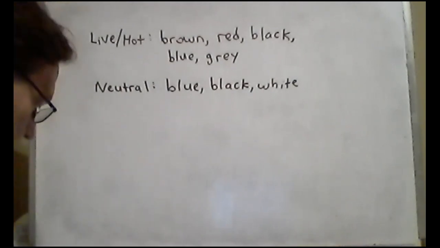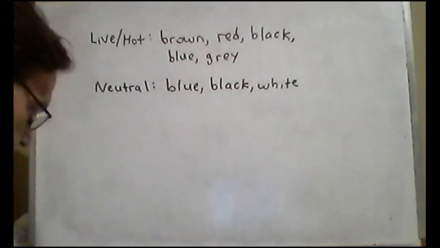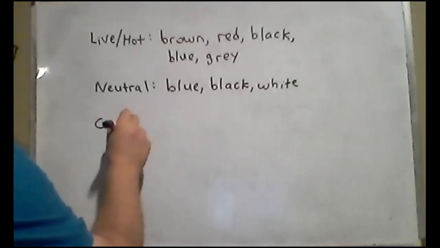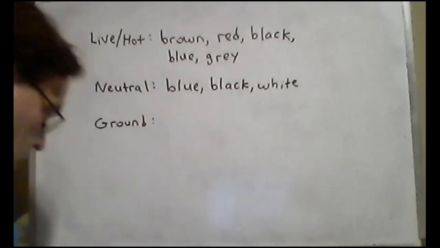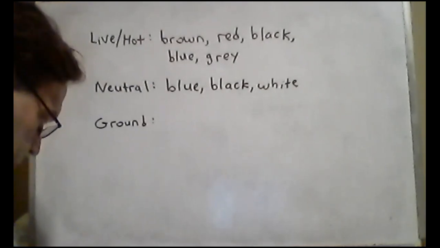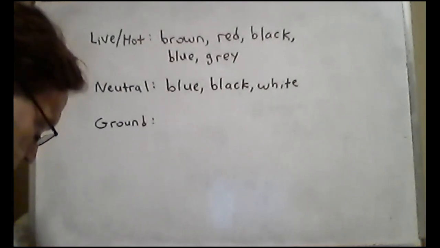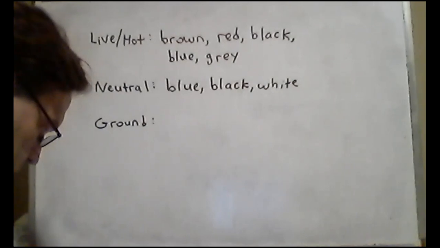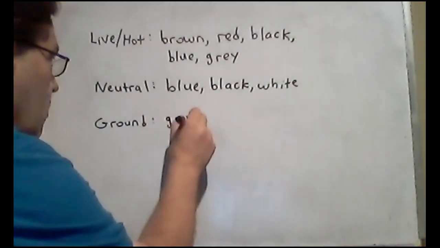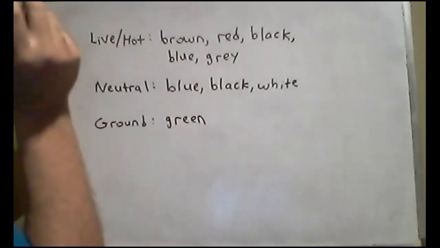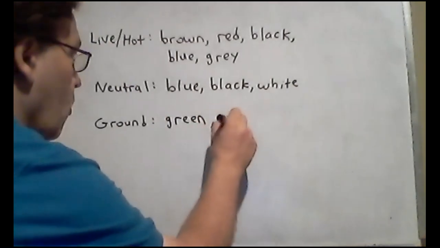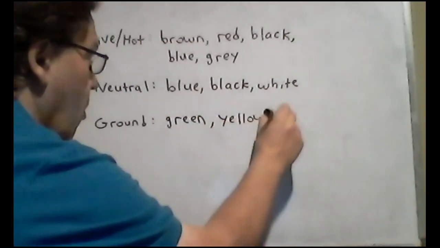And then your ground wire is your third one, and that's oftentimes the easiest. Typically your ground wire is most of the time green, you know, green earth, ground, but sometimes it could also be yellow or even bare.